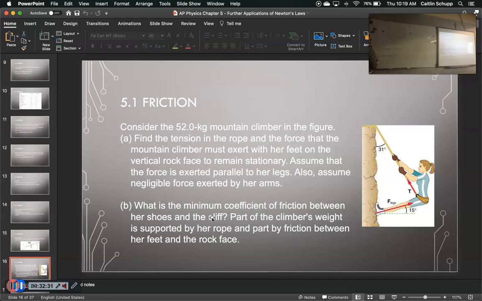Okay. Can someone tell me what the sine of 15 degrees is? 0.25. Can someone tell me what the cosine of 15 degrees is? 0.96. And then the cosine of 31. 0.85. Okay.